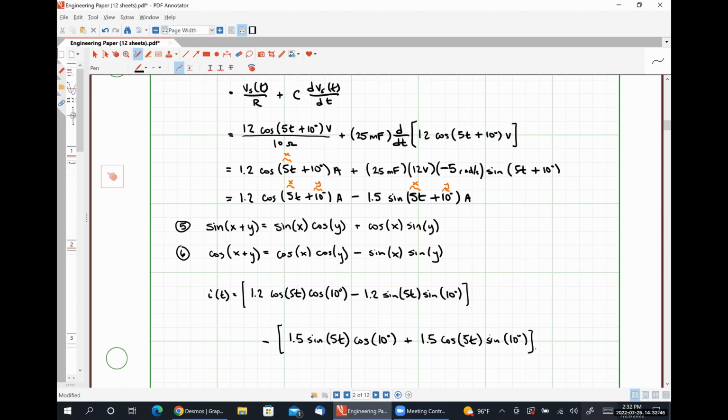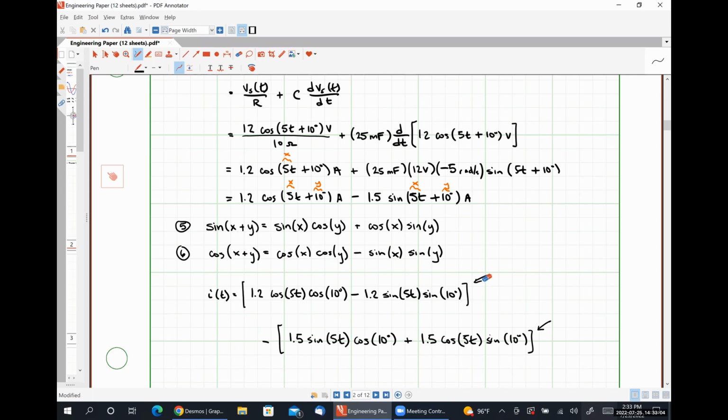So I applied trig identity number 6 to convert my cosine function into this one, and I applied trig identity number 5 to convert my sine function into this one.